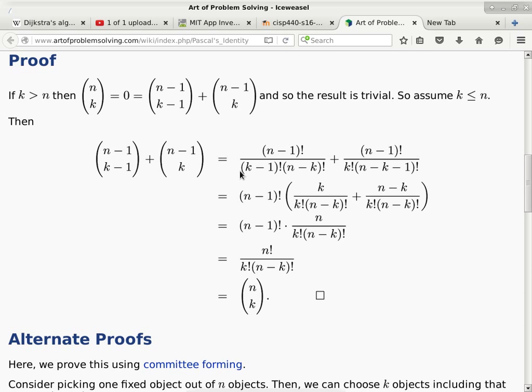This term here is 1 times 2 times 3 all the way up to k minus 1. This one is 1 times 2 times 3 all the way up to k. So there's only one difference, okay? The term k itself is missing from this one, but it is present on the other side. So what we do is we introduce the k in the numerator to cancel it out. Is that okay or not?